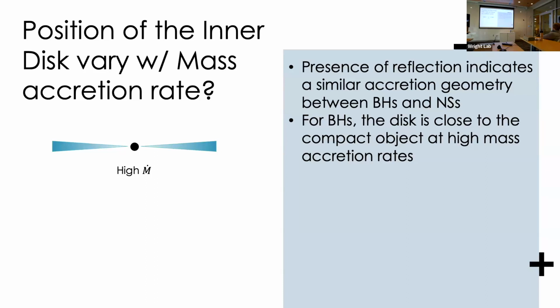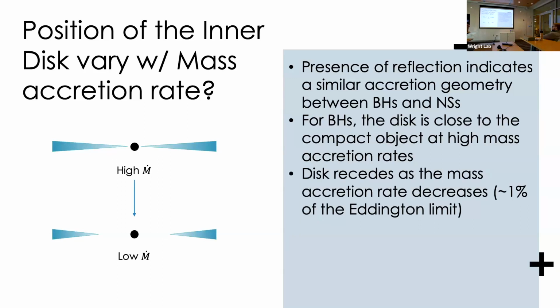So for black holes, it's generally assumed that the disk remains close to your compact object when you have high levels of mass accretion rate, so inflowing matter. But it's thought that as your mass accretion rate drops, your disk recedes until roughly you reach about a level of 1% of the Eddington limit, Eddington being just the maximum rate that you can accrete matter before radiation pressure dominates and drives away any kind of accretion flow.